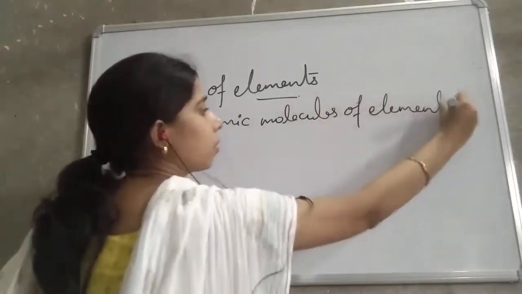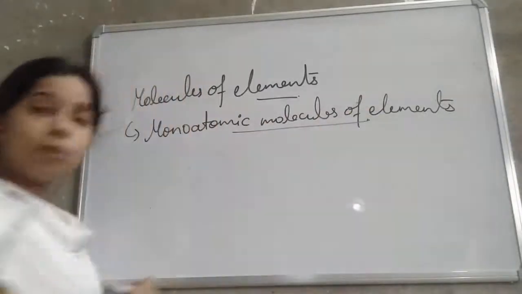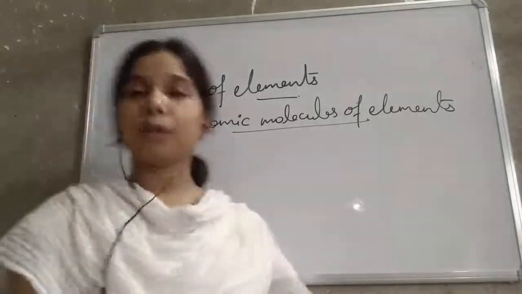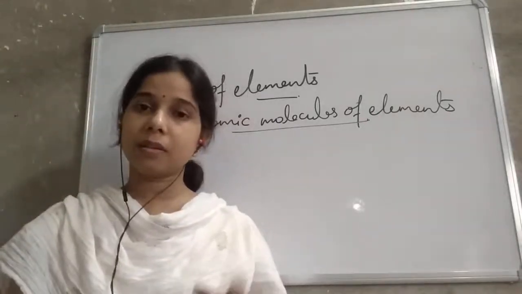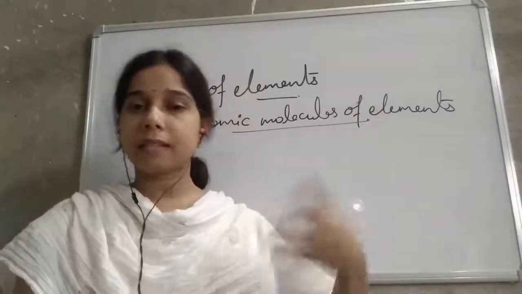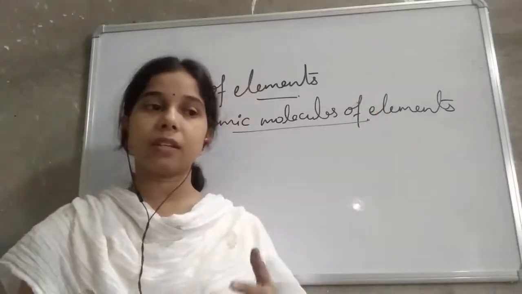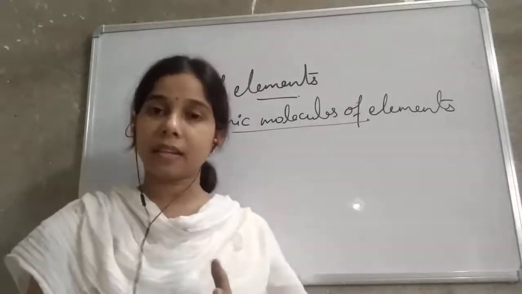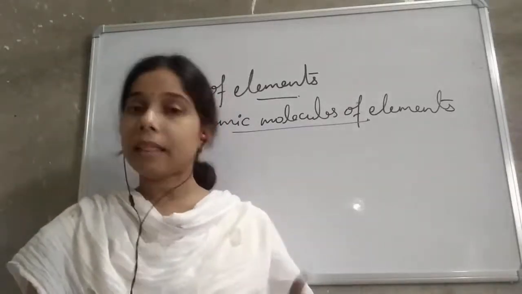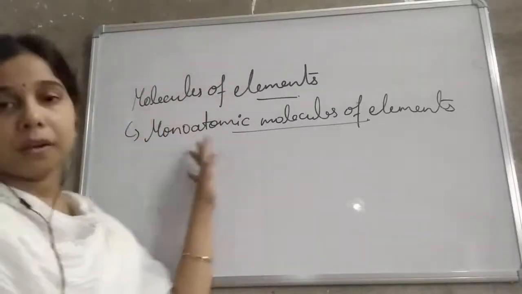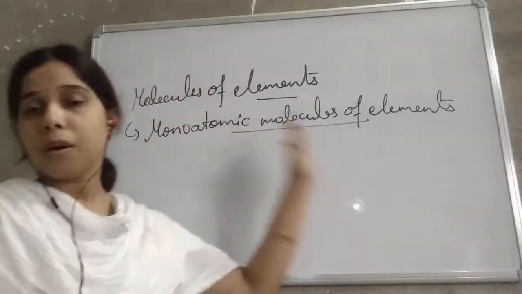So you have seen, students, there are a lot of atoms which basically exist in nature as single atoms. It means they do not exist in a combined form, but exist in nature in a free state. That kind of molecule we take under the monoatomic molecule.